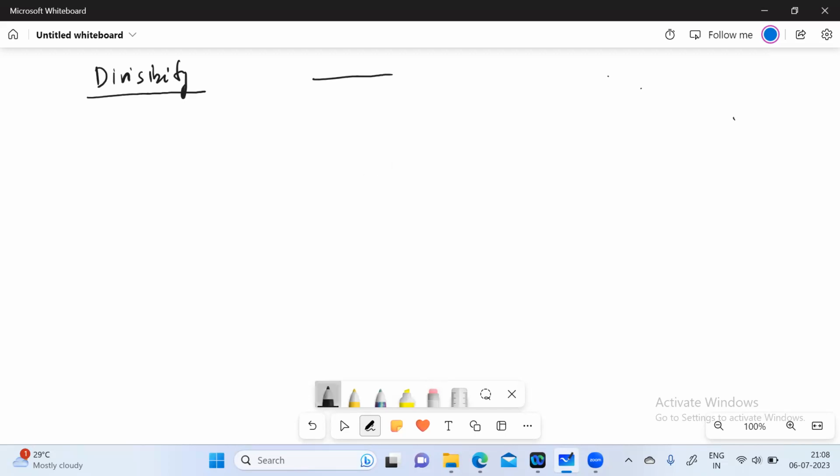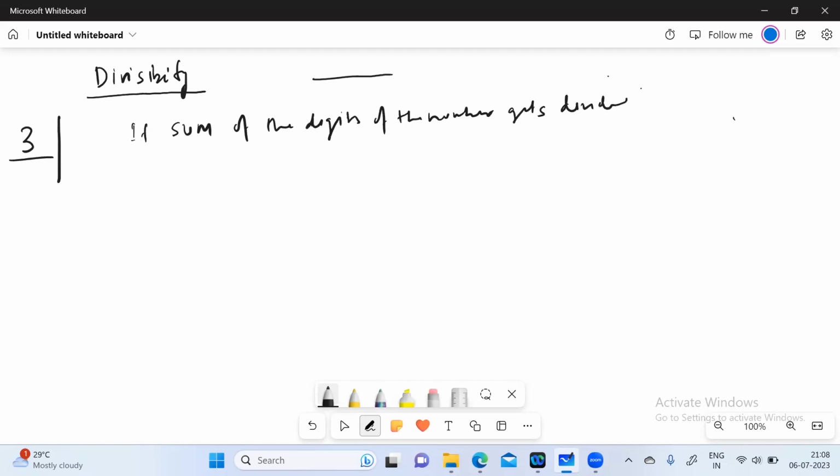So when a number gets divided by 3, one simple explanation which everybody knows is, if the sum of the digits of the number gets divided by 3, the number will be divided by 3. So this is the divisibility rule of 3.